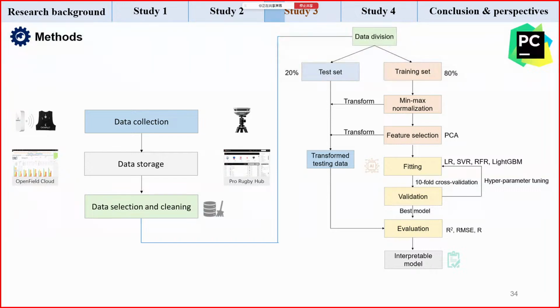And then we applied the transformation to the test set. We trained 4 machine learning models using tenfold cross-validation and hyperparameter tuning to optimize the model performance, and then evaluated the models on the test set using evaluation metrics such as R-square, RMSE, and correlation coefficient R, ultimately building an interpretable model.